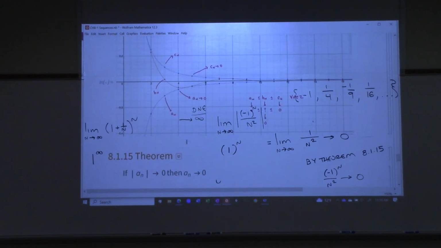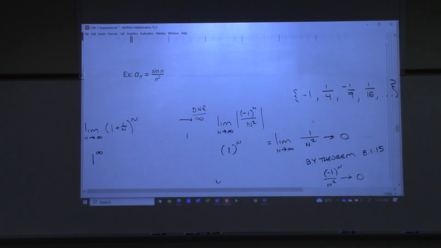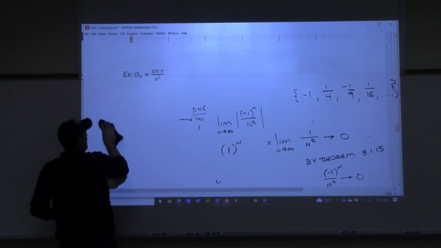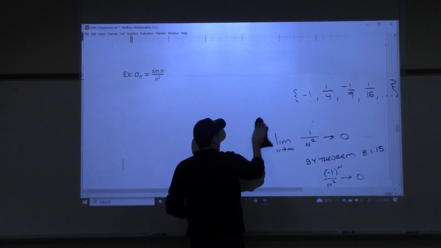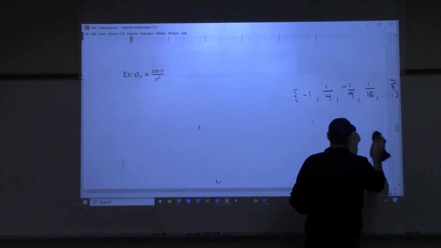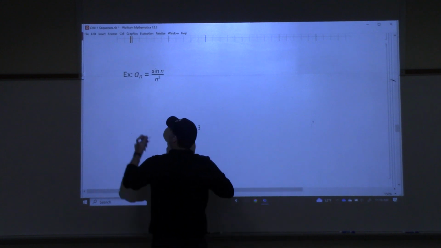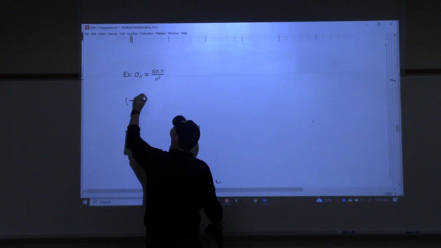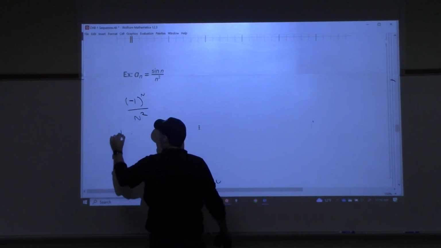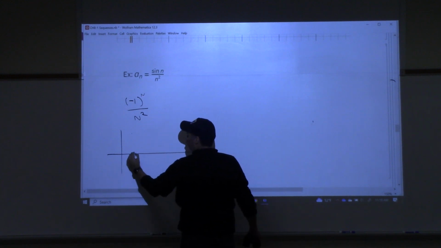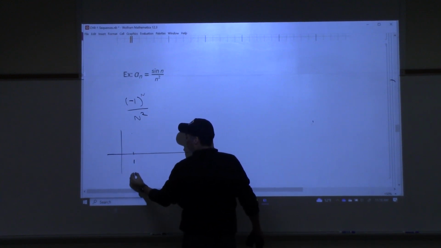Oh, okay. So you're asking, here we go. If I were to show you those two sequences, if I were to plot them, the first one, negative 1 to the n over n squared, would look like this. When we plugged in 1, we got what? Negative 1.